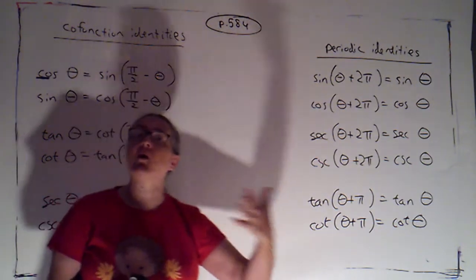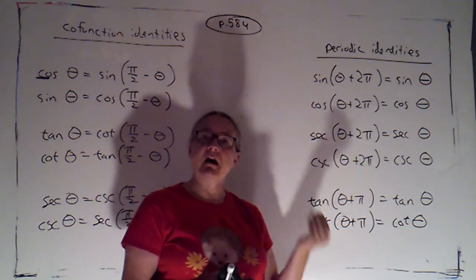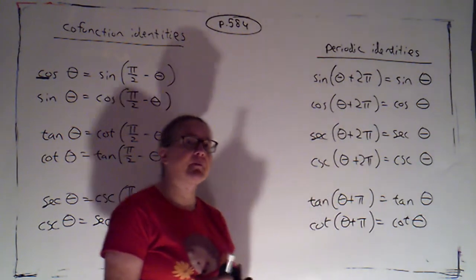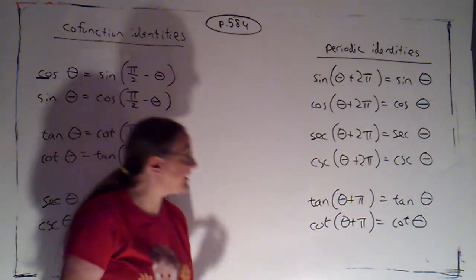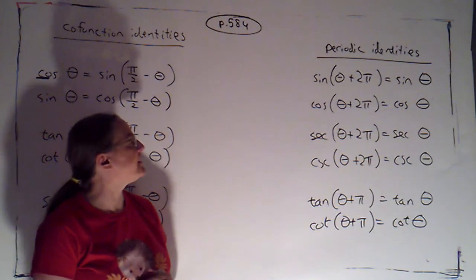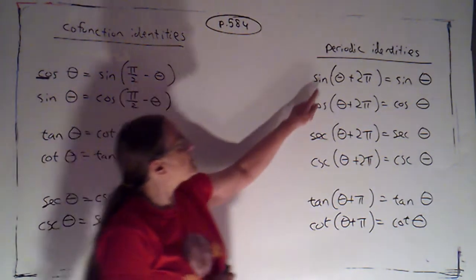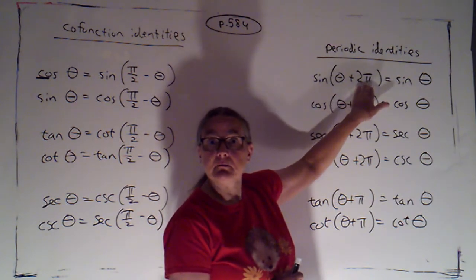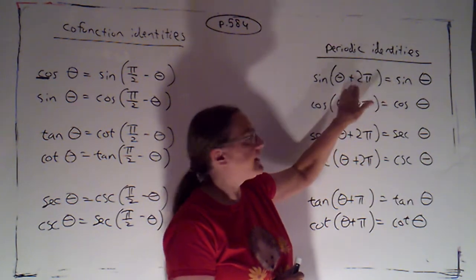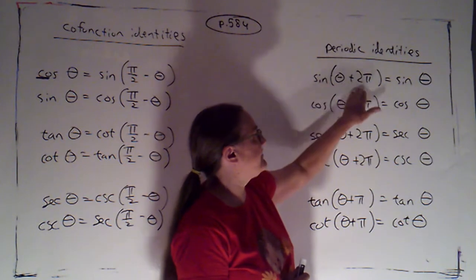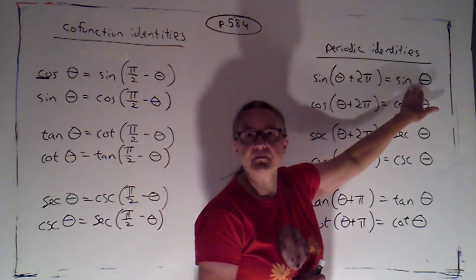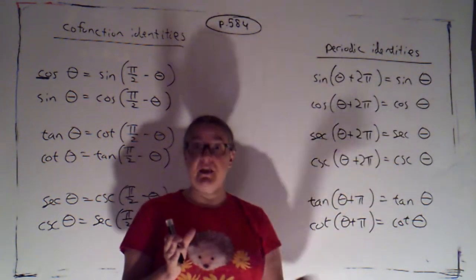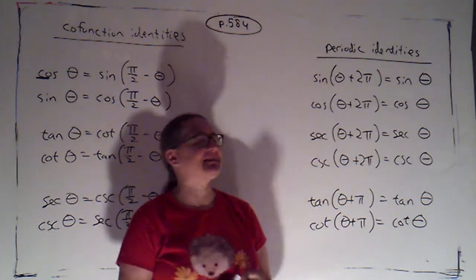We know that they're all periodic, that sine, cosine, secant, and cosecant have a period of 2 pi, and tangent and cotangent have a period of pi. So what that means is if I take theta and I add 2 pi to it, that's giving me a coterminal angle. Sine of that is going to be the same as sine of theta. I can think of it as just a coterminal angle, so it's going to have the same sine.